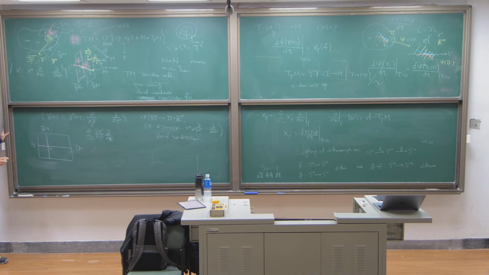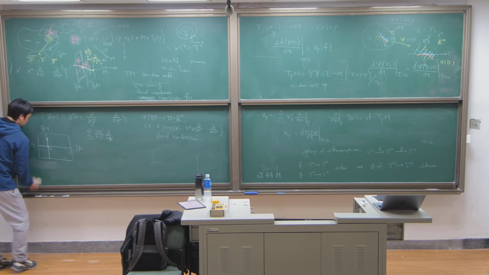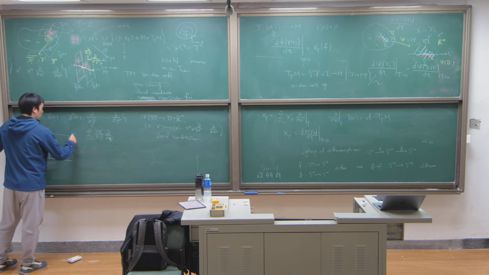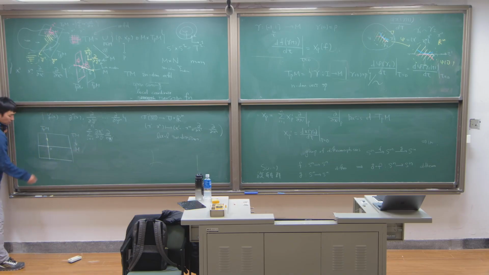Okay? And any point of TPM is just mapped to point P. So that is the projection of TM to M, like this. So any point here is mapped to here.